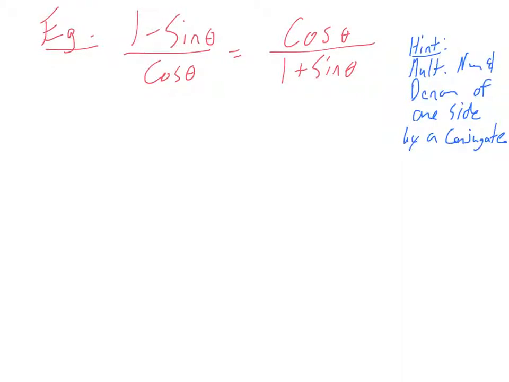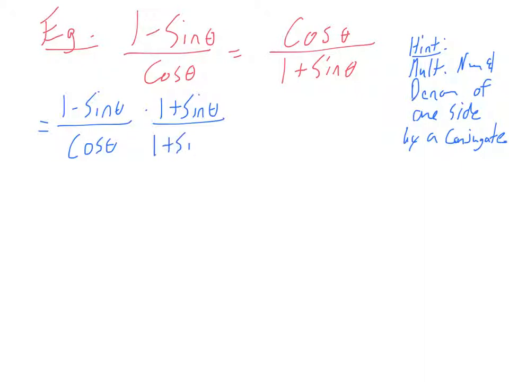All right, let's give this one a try. We're going to start at the left side, and I'm going to take my own advice here and multiply by the conjugate of the top. What's the conjugate of 1 minus sine theta? 1 plus sine theta. Okay, and so if I multiply across the top there, I'm going to get 1 minus sine squared theta.